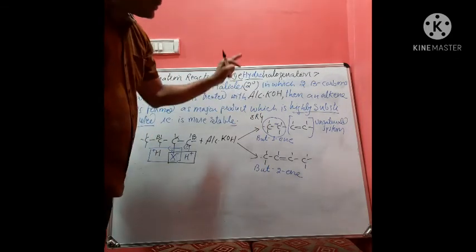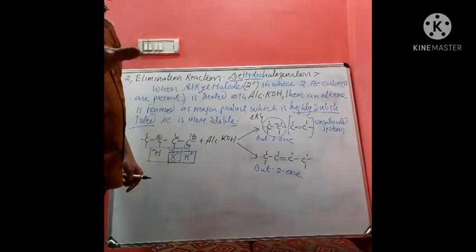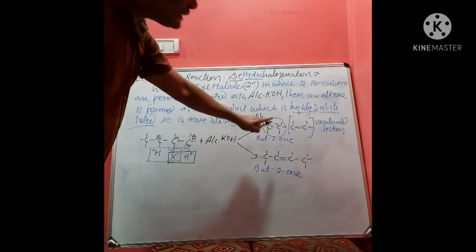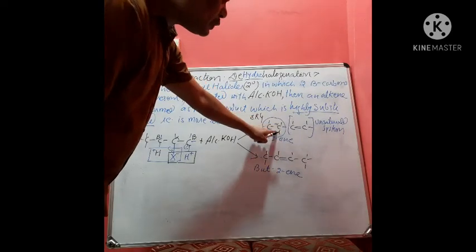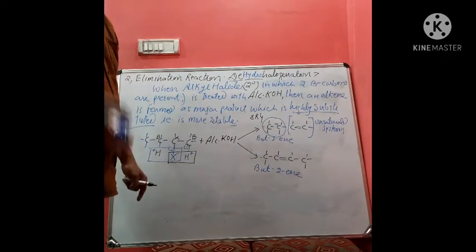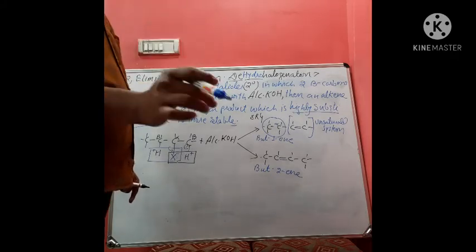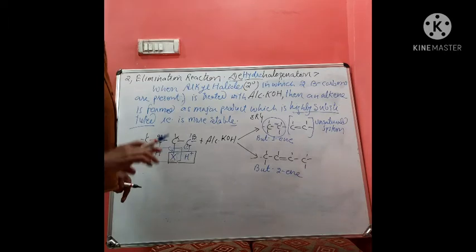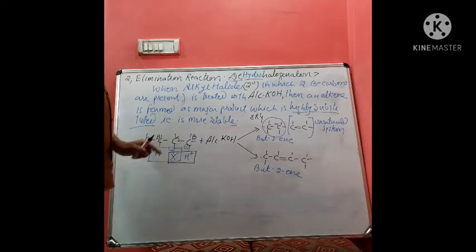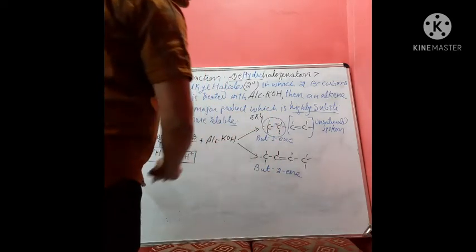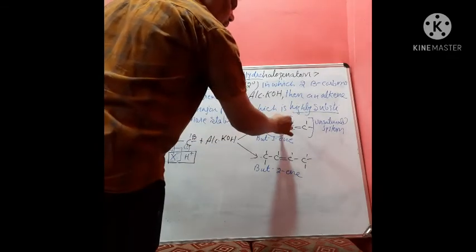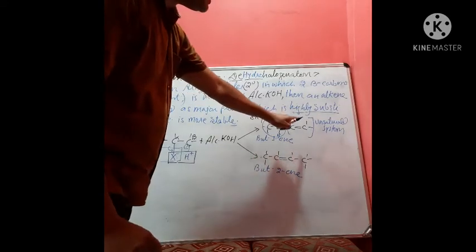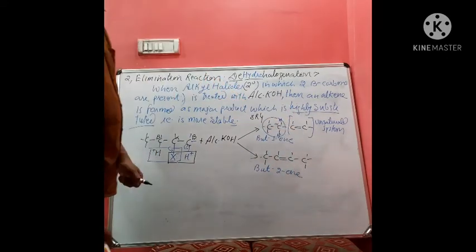In the hyperconjugation effect, we have seen one thing. According to the hyperconjugation effect, as many alpha hydrogens are present, that number of hyperconjugated resonating structures are formed. Isn't it? There is only one alpha carbon which consists of 2 alpha hydrogens. That means it can produce 2 hyperconjugated structures.